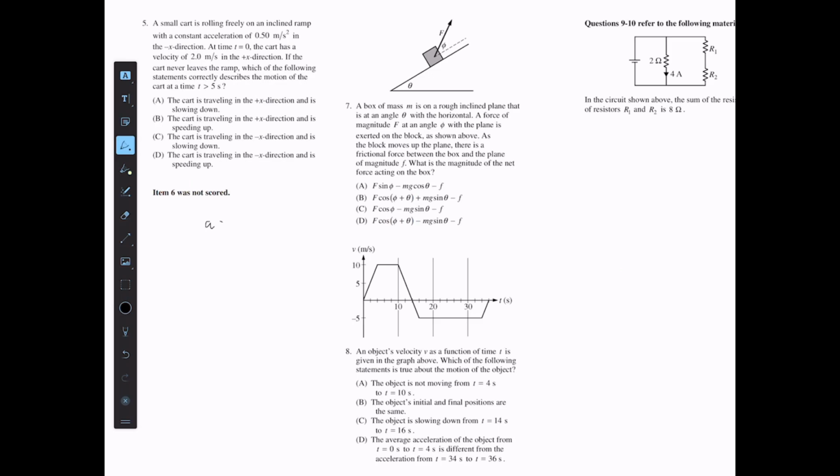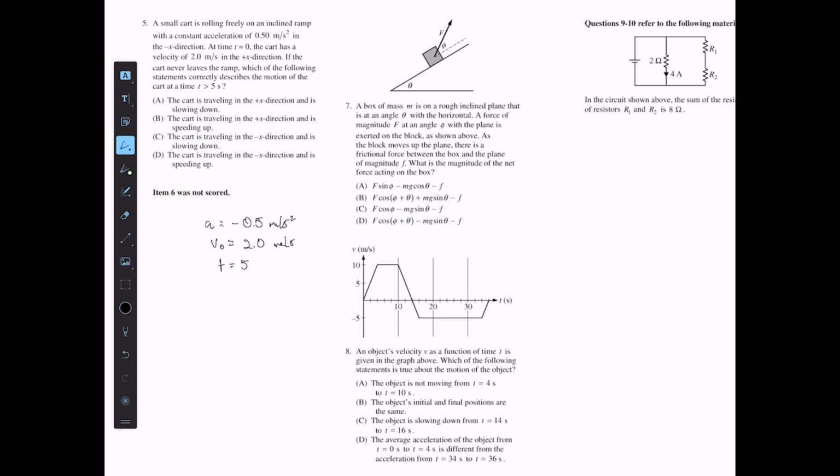The acceleration is negative 0.5 meters per second squared and the initial velocity is 2 meters per second. Let's solve at t equals 5.